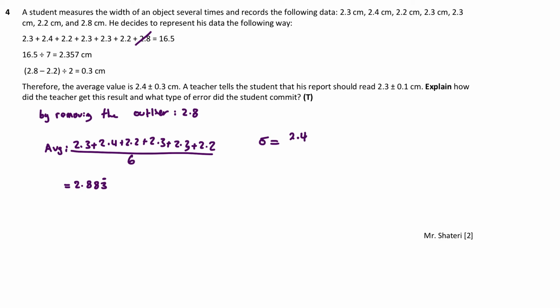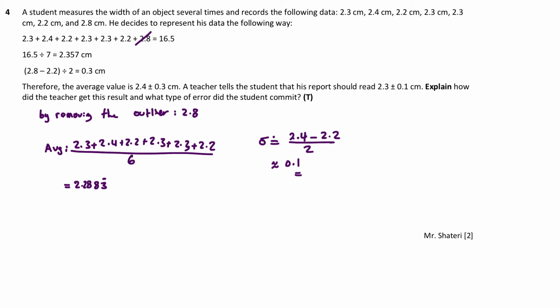The new minimum value is 2.2, divided by 2, and that's 0.2 divided by 2, which gives me 0.1. This is now in one significant figure, and I would have to round my other value, and this is 2.28.